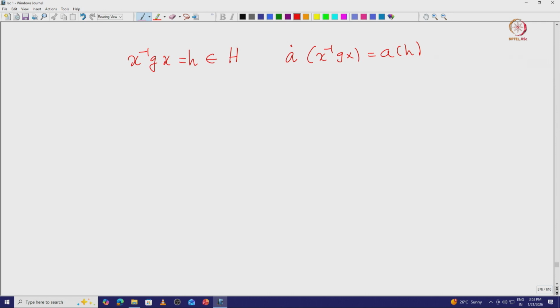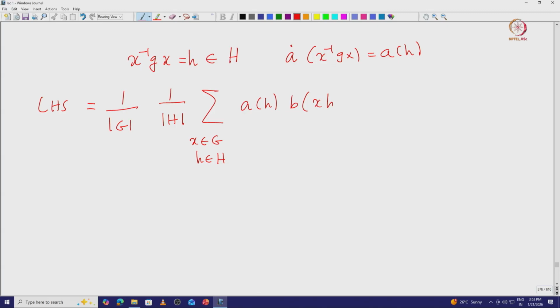If we do this substitution, then the LHS becomes exactly equal to 1 divided by the cardinality of G, 1 divided by the cardinality of H, summation, where the sum runs over x in G and now h in H, because all other terms will be 0, a of h times b of x h x inverse.